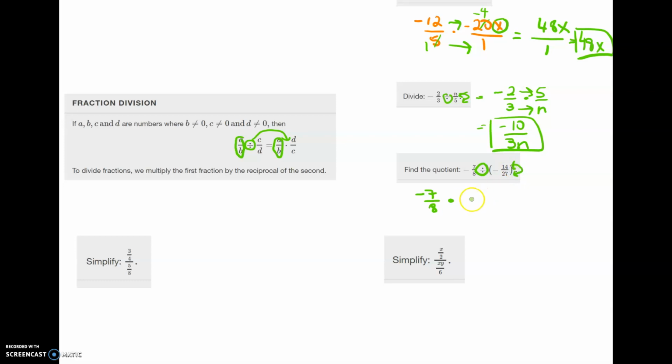Okay, so we're going to write down the reciprocal, and again, I'm just going to keep that negative with my new numerator, which is negative 27 over 14. Now, I'm going to go ahead and do some simplifying because I noticed that 7 goes into 14 twice. So 7 divided by 7 is 1, so it becomes a negative 1. And 14 divided by 7 is 2.